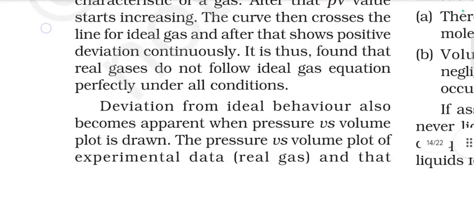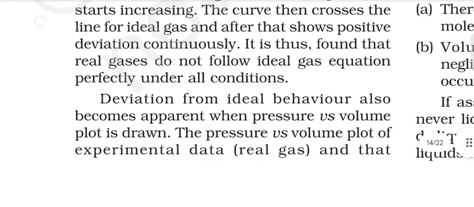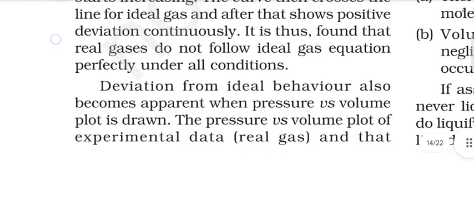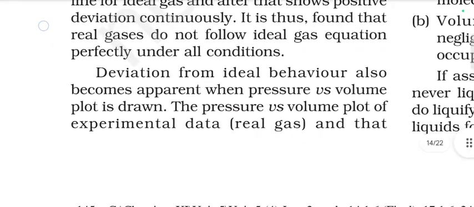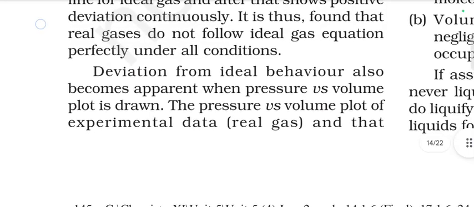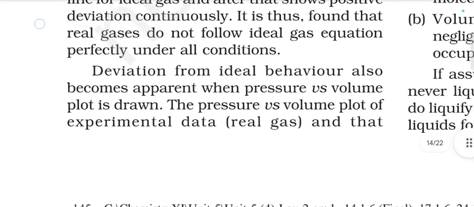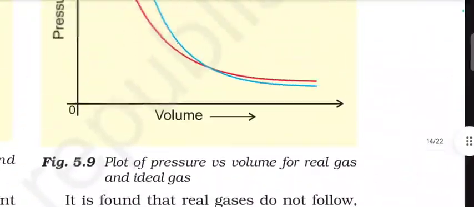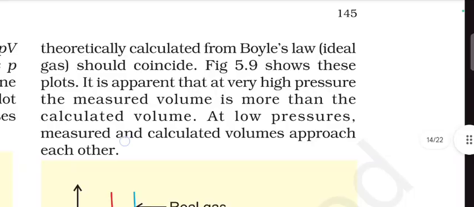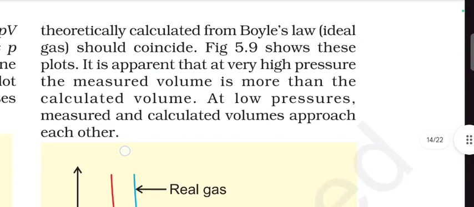It is thus found that real gases do not follow the ideal gas equation perfectly under all conditions. Deviation from ideal behavior also becomes apparent when a pressure versus volume plot is drawn. The pressure versus volume plot of experimental data (real gases) and that theoretically calculated from Boyle's law (ideal gas) should coincide.